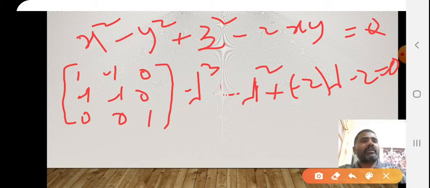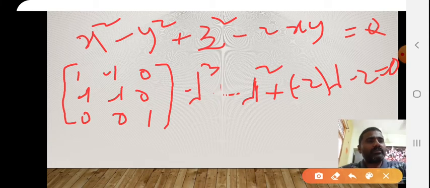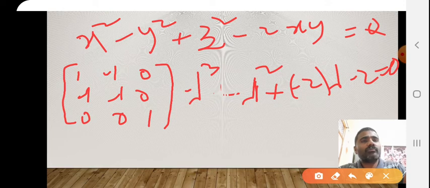Now we can determine the eigenvalues. Depending on these eigenvalues, we can determine the index, signature and nature of the quadratic form, which will become minus lambda cube minus lambda square minus 2 lambda plus 2 equal to 0.